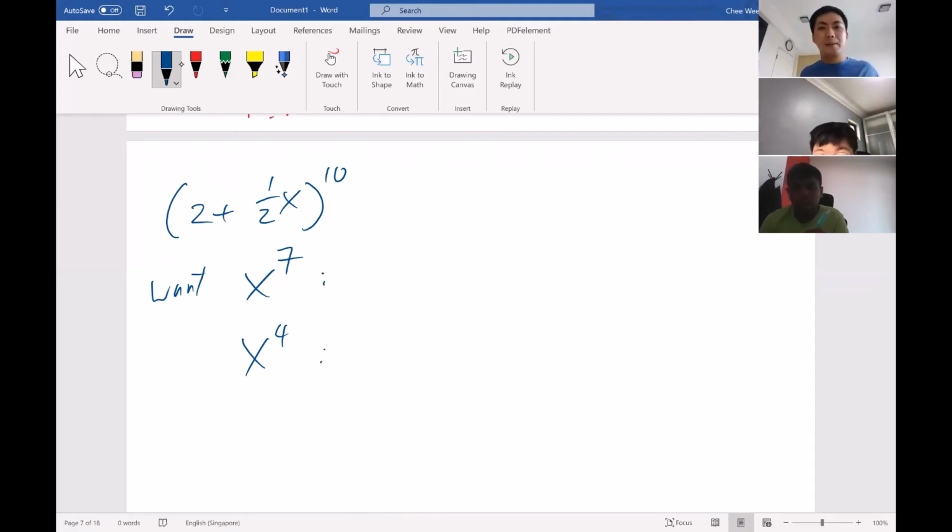For example, if you expand this out, you have a total of 11 terms in a binomial expansion. So what I mean is I don't want you to expand out. I just want you to tell me how the x power 7 term would look like. Its coefficient.